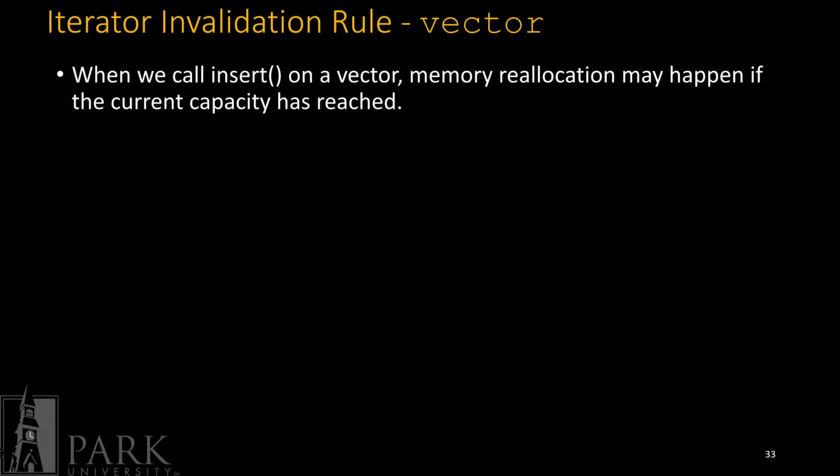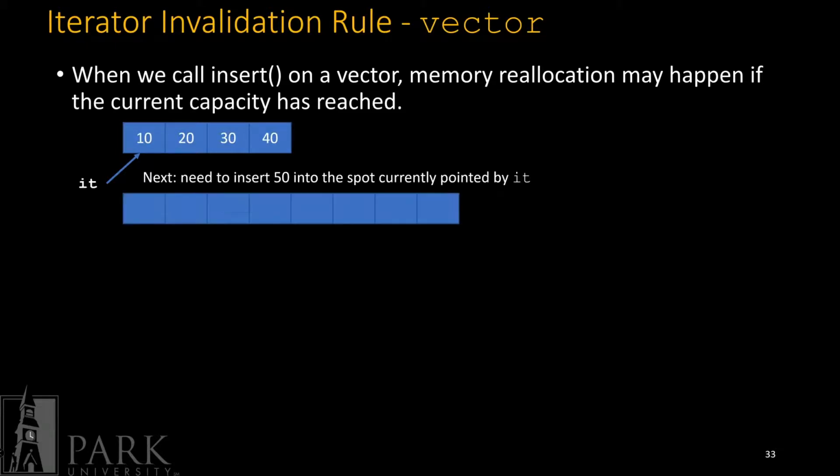When we call insert on a vector, memory reallocation may happen if the current capacity has been reached. That means a new, larger dynamic array will be allocated. Items in the current dynamic array will be copied over, new elements inserted, and the old dynamic array will be deleted. Now the iterator doesn't point to a valid location of the vector object and therefore becomes invalid.